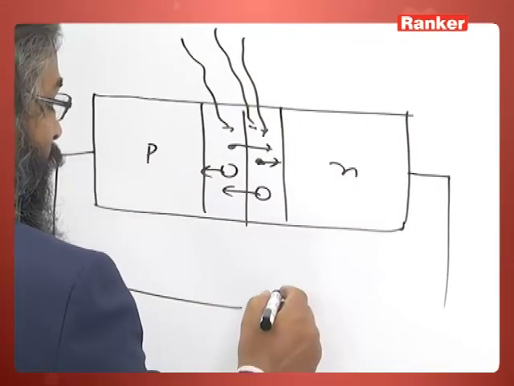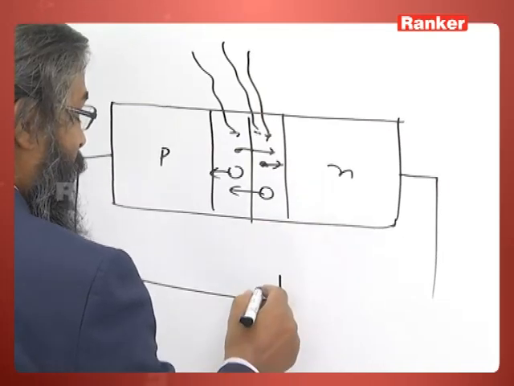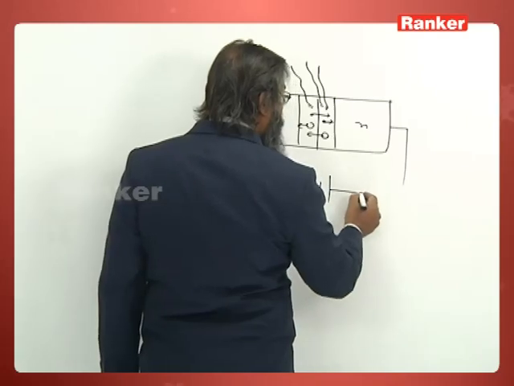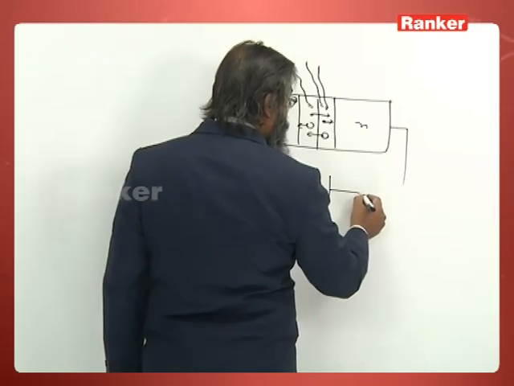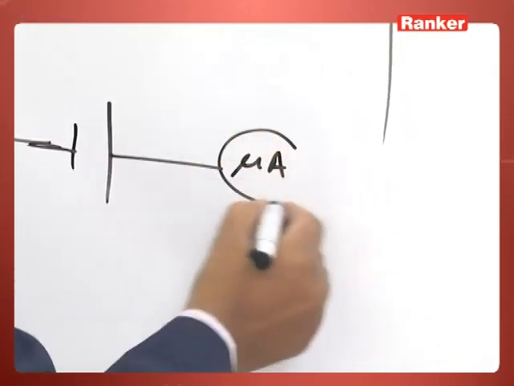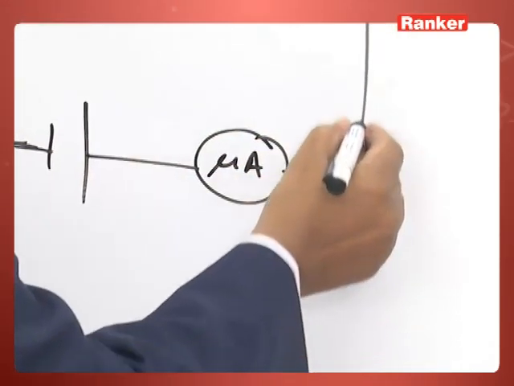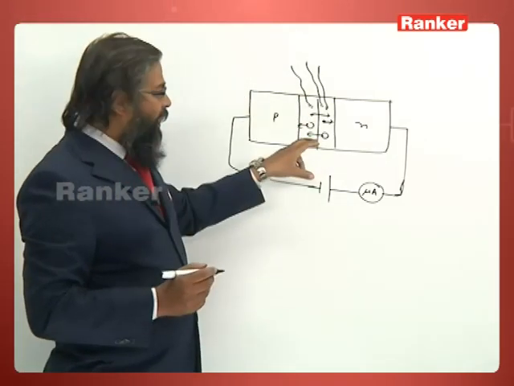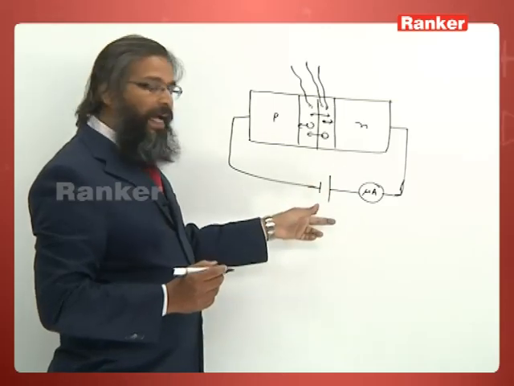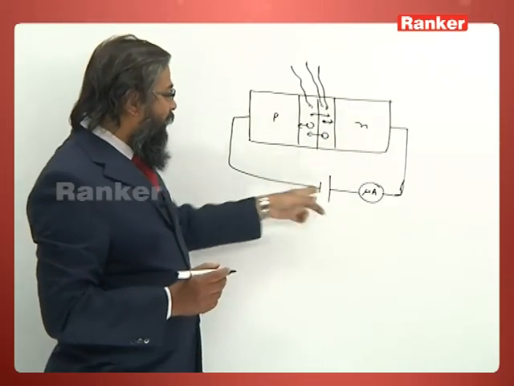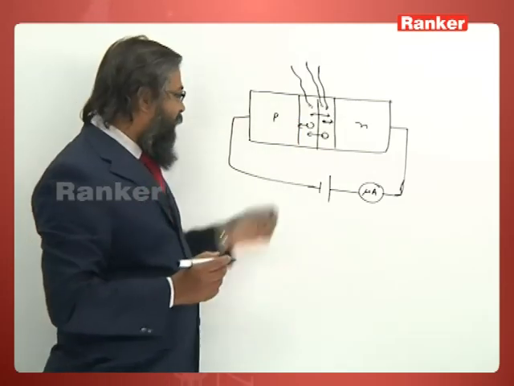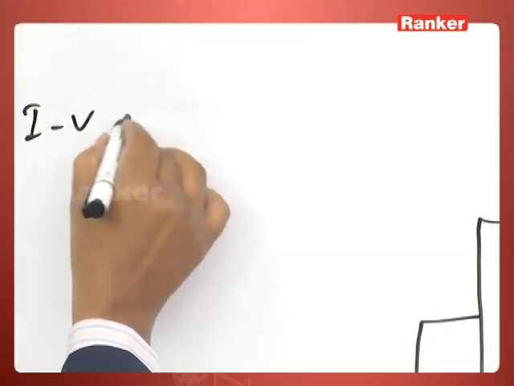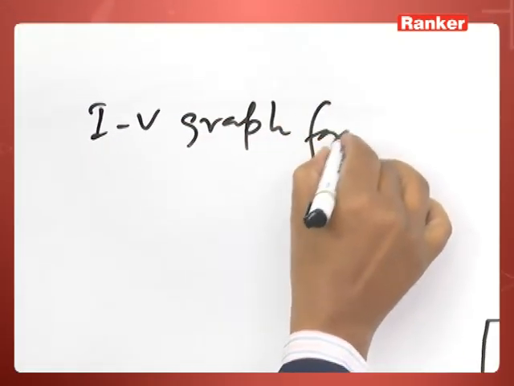So this is N, so here positive, and this is P with the negative terminal. If we measure the current here, in a microammeter, then when the light falls and there is a reverse bias, we will see the current flows in this external circuit.